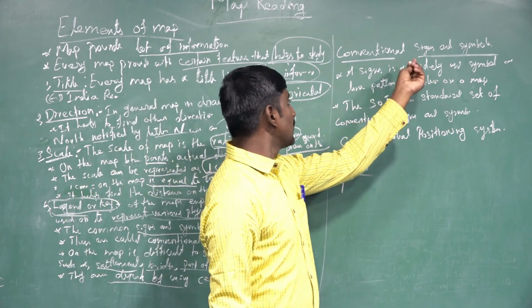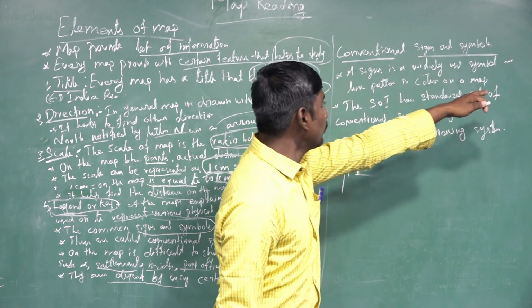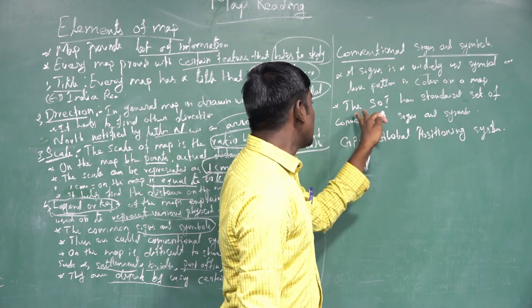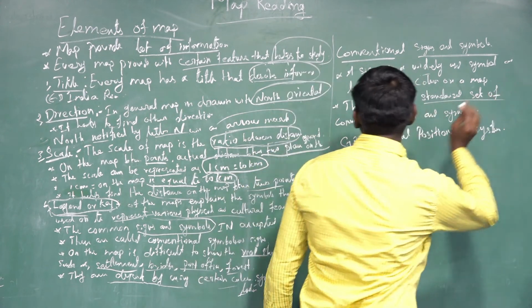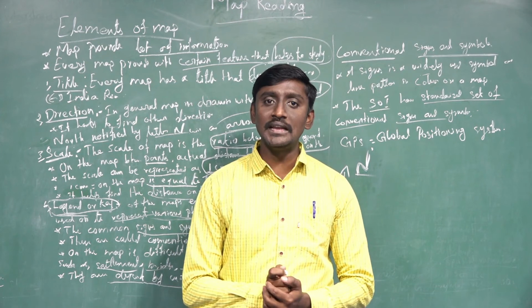Conventional signs are widely used, like patterns and colors on the map. The Survey of India, SOI, has a set of conventional signs. The colors are very important.